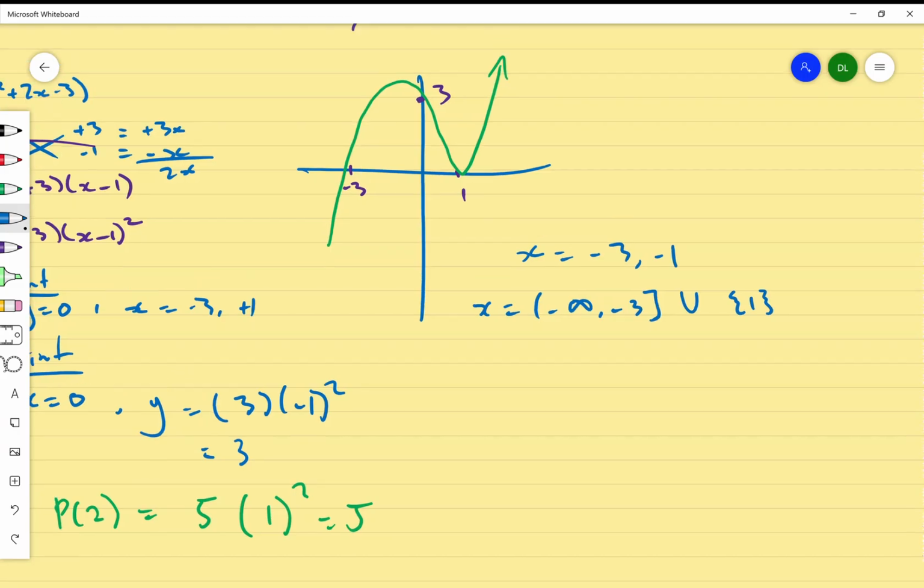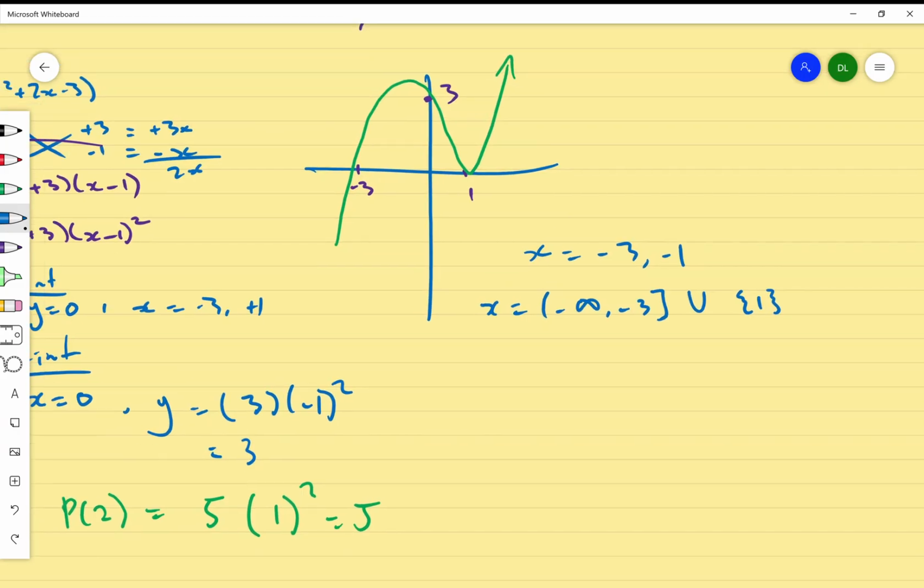In other words, all that's saying is that from all the way towards the left, negative infinity, up until negative 3, including negative 3, and also including 1, that's when this graph has a y value of either 0 or some negative value.